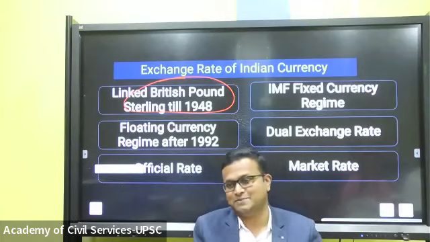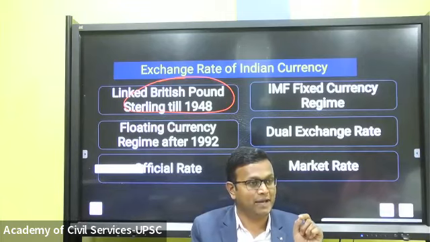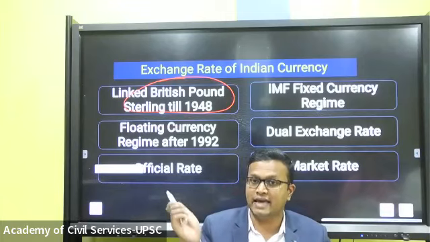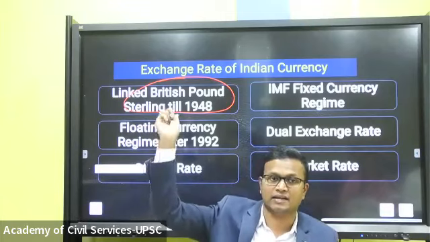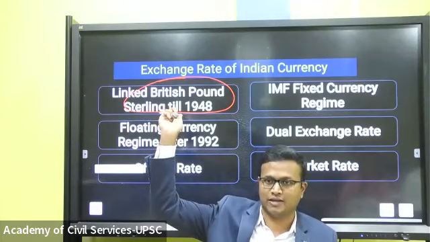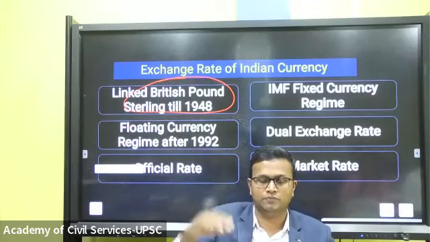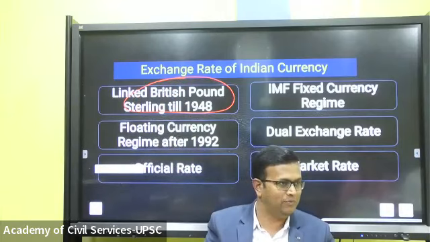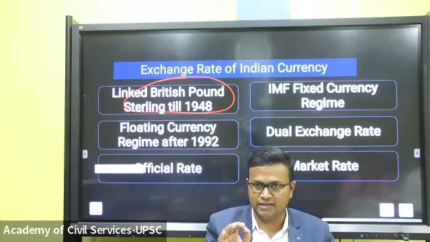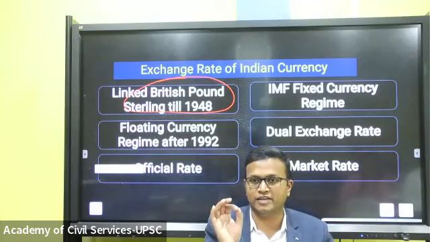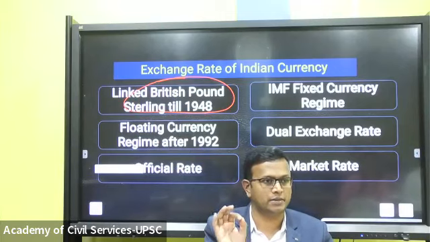One of the 11 demands, my point is, one of the 11 demands was to increase the exchange rate of Indian currency in comparison to the pound sterling. They were placing the British pound at a high value, our Indian currency at a low value. Gandhi wanted, you must increase the exchange rate of Indian currency in the international market.